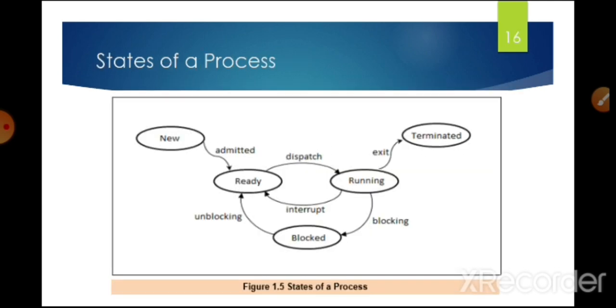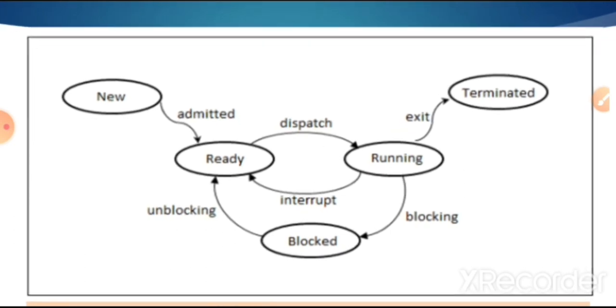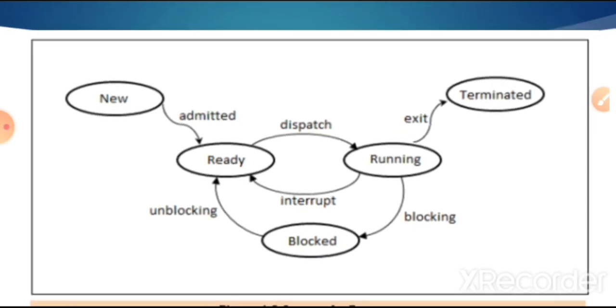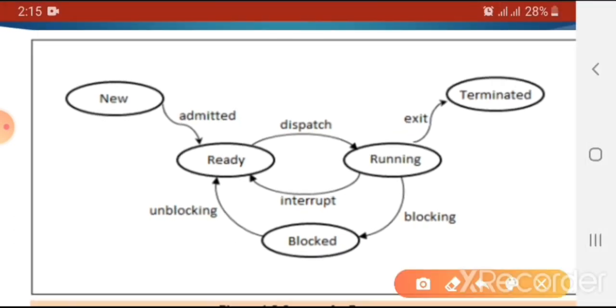This is the detailed diagram of a process. A process normally has 5 states. You can see that there are 5 states mentioned in the oval shape. First of all, a process can be in the new state, then ready state, running state, blocked state, and terminated. It means a process can be in one of these states.